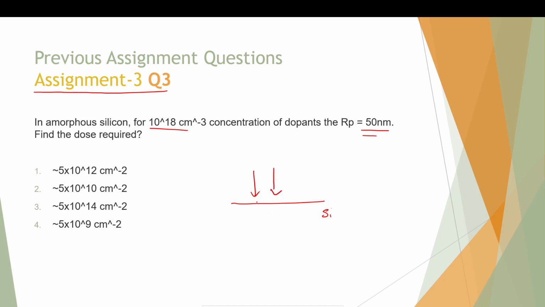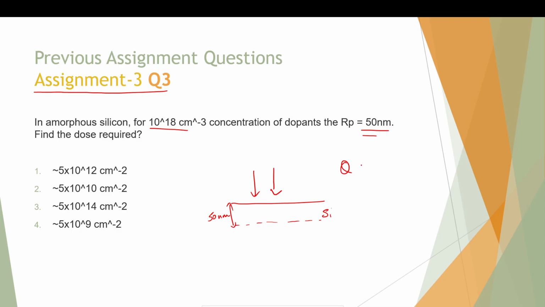So dopants will go up till some range inside the silicon, right? That range they have given to be 50 nanometers. So this distance is 50 nanometers. Now they are asking, if I want so much concentration of dopants in this 50 nanometer range, what is the dose that I require?